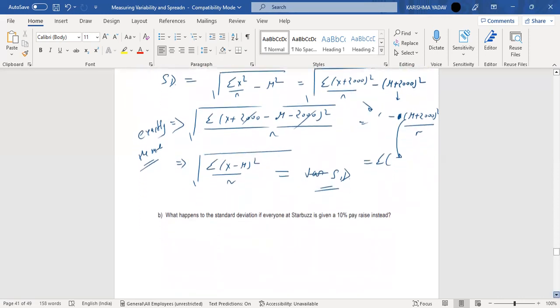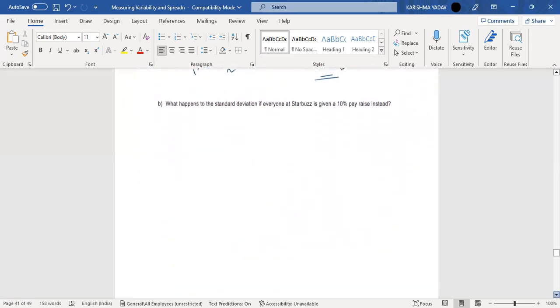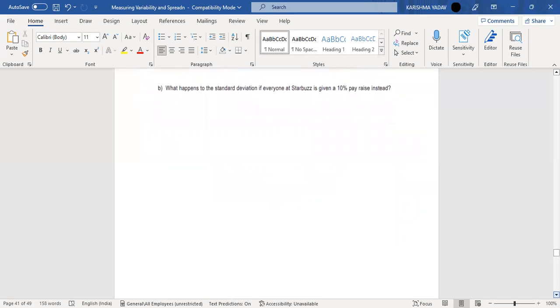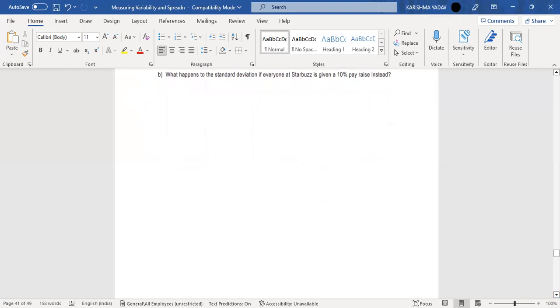What happens to the standard deviation if everyone at Starbucks is given a 10% pay raise instead? Let's work it out. If my pay is x and I increase my pay by 10%, that means 10% of x, which equals 0.1 of x.